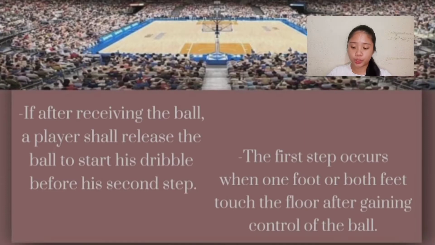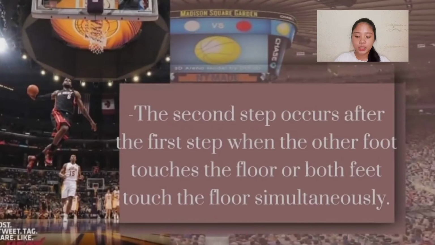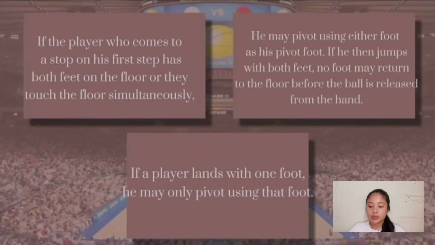The first step occurs when one foot or both feet touch the floor after gaining control of the ball. The second step occurs after the first step when the other foot touches the floor or both feet touch the floor simultaneously. If the player who comes to a stop on his first step has both feet on the floor or they touch the floor simultaneously, he may pivot using either foot as his pivot foot.